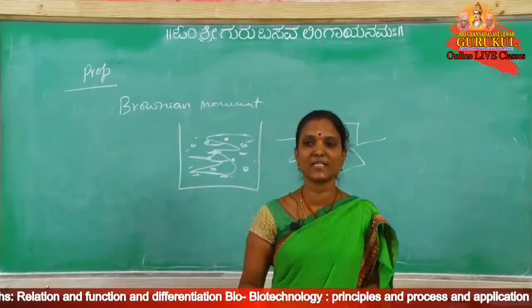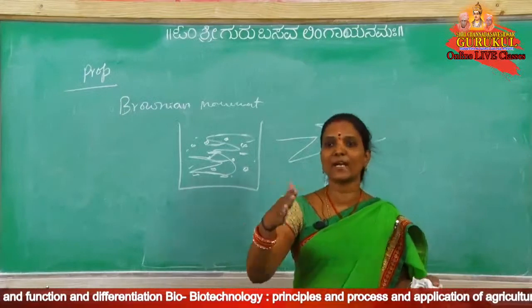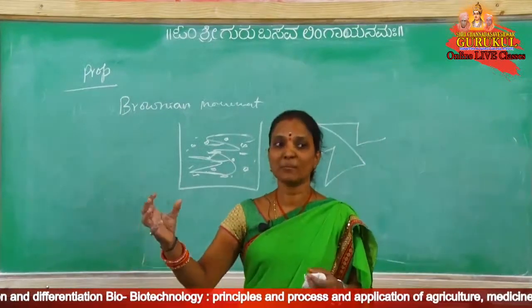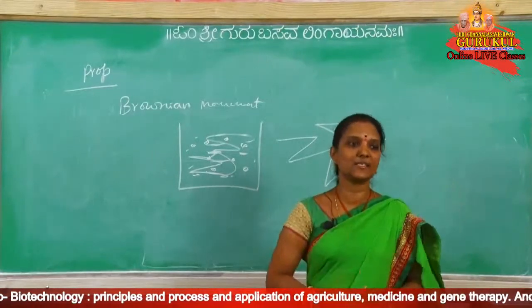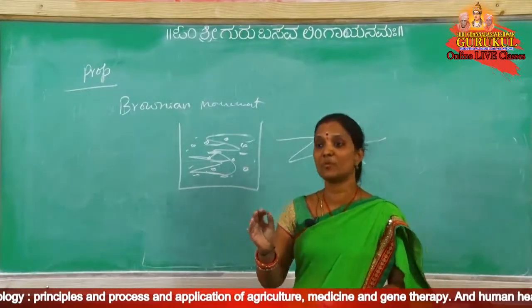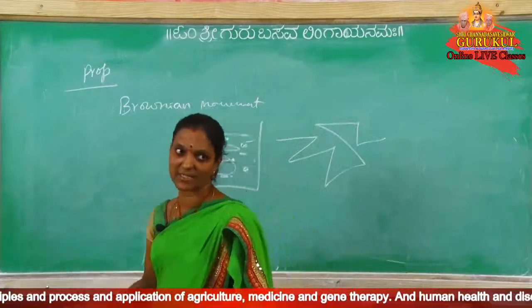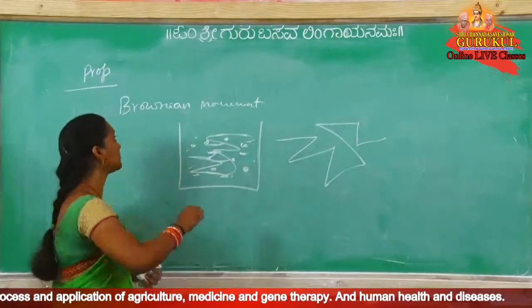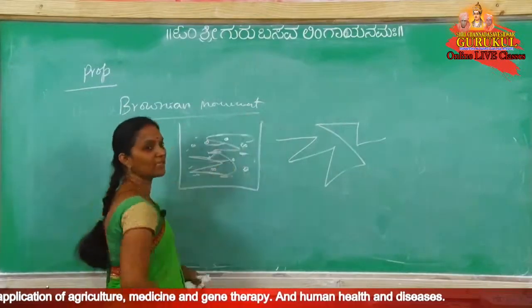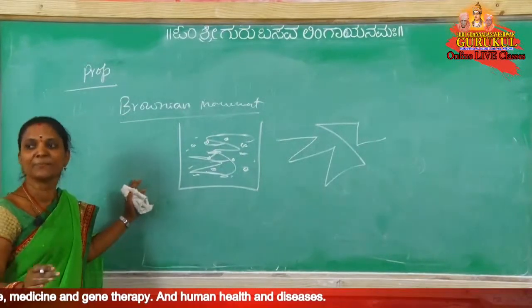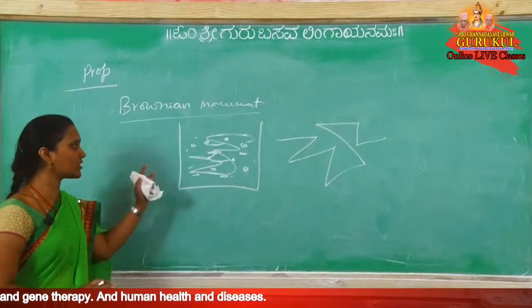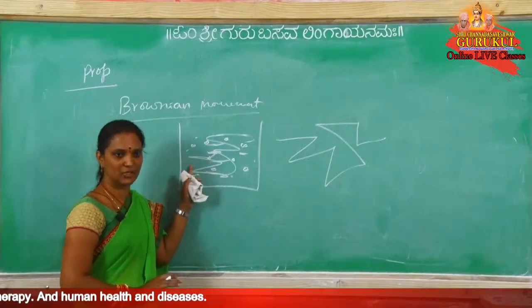If the given option says the dispersion phase particle collides with the dispersion medium, it is the wrong answer. The medium collides with the phase, that's why the phase particles move in a zigzag manner.